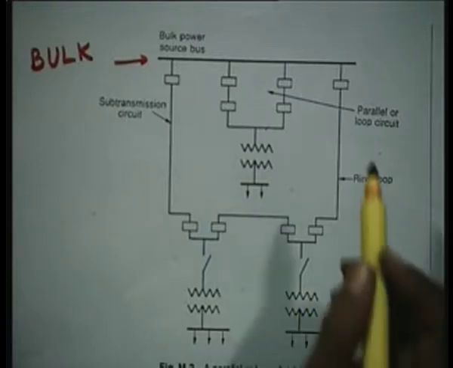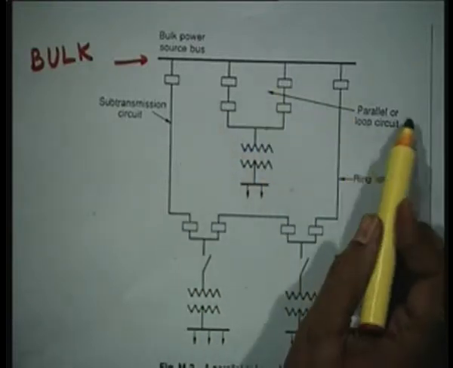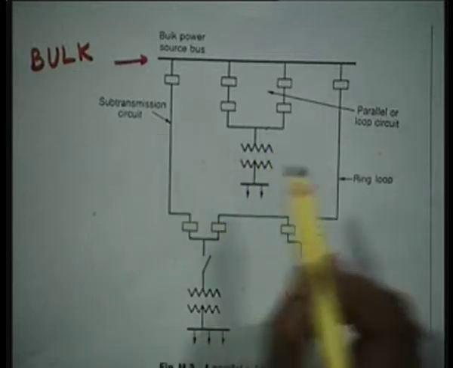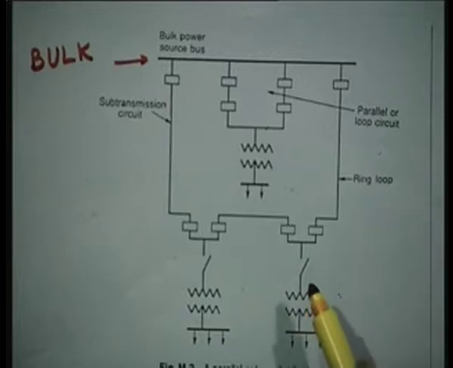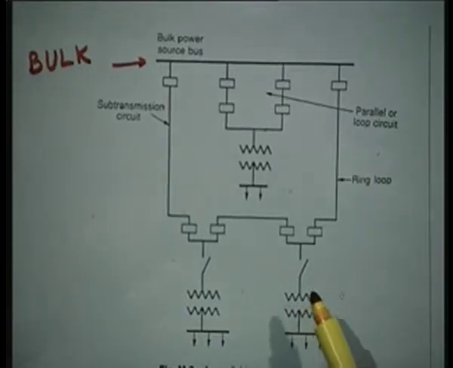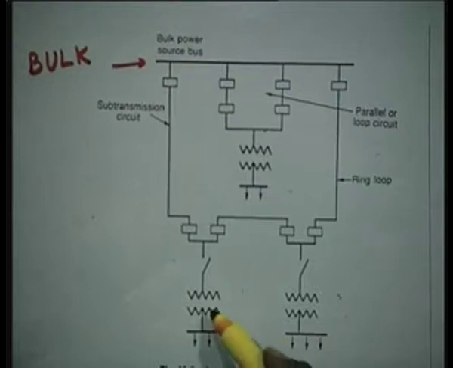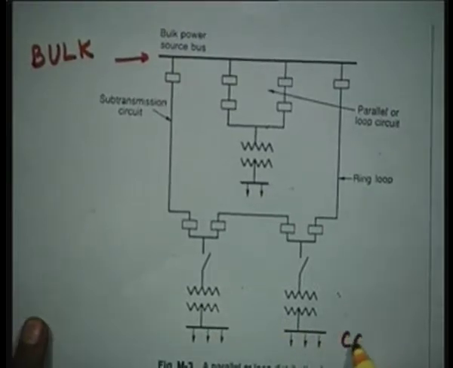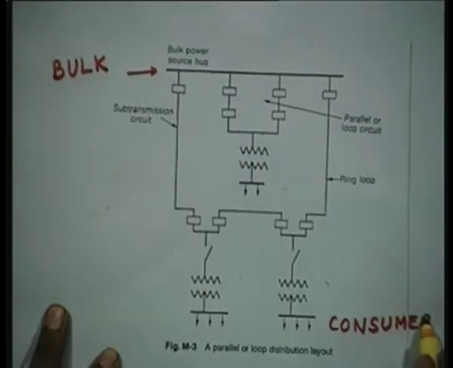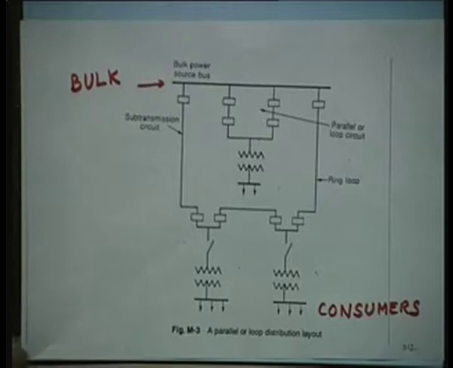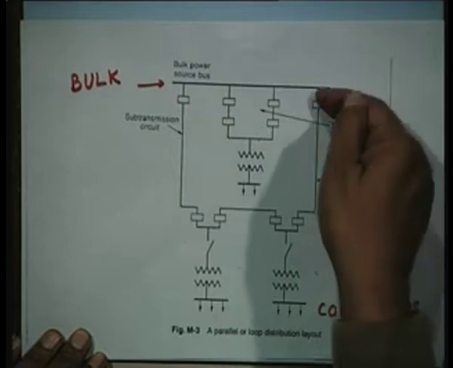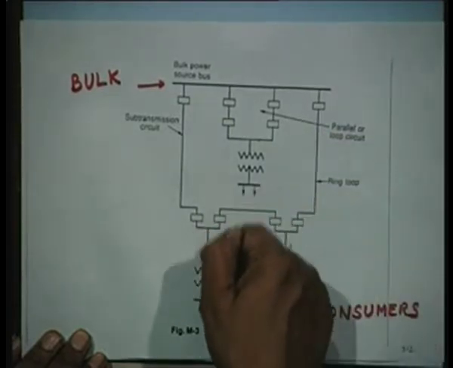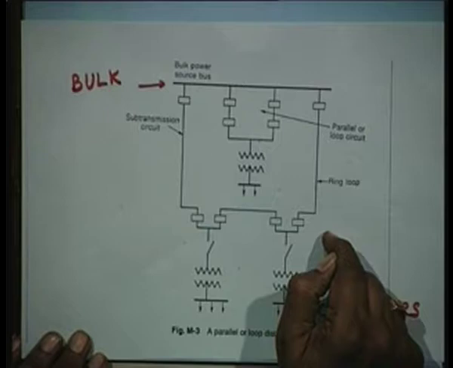Then these are the loop circuits, parallel circuits, sub-transmission circuit, transformers, ring loop, again a transformer, and these are consumers. If there is a fault here, you can even get power from here. That is what I mean when I say it is more reliable.